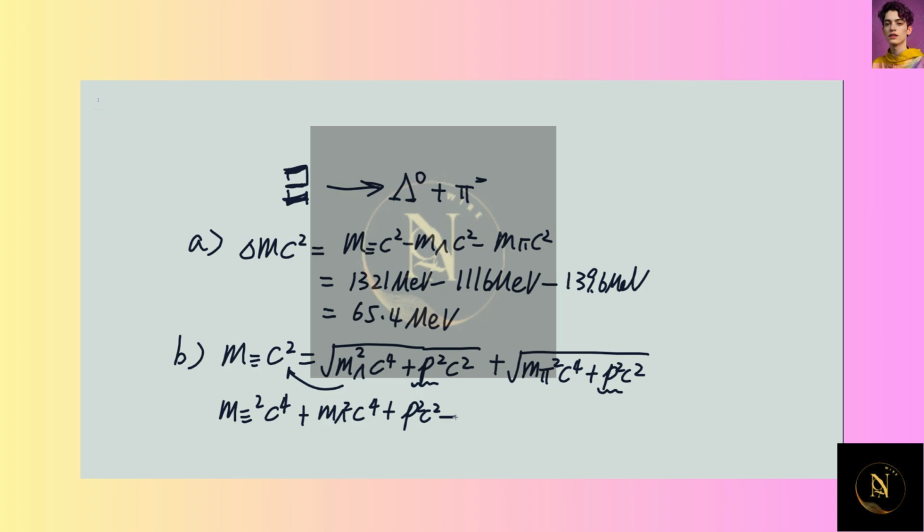I am going to have mass of pi squared c to the fourth plus p squared c squared, minus the energy of lambda, equals the mass of pi squared c to the fourth plus p squared c squared. And the p squared c squared over here cancels. So we will be able to find the amount of energy carried by the lambda particle.